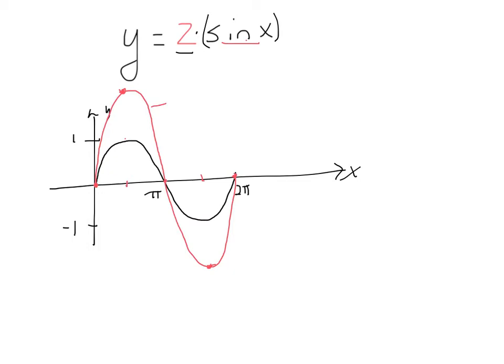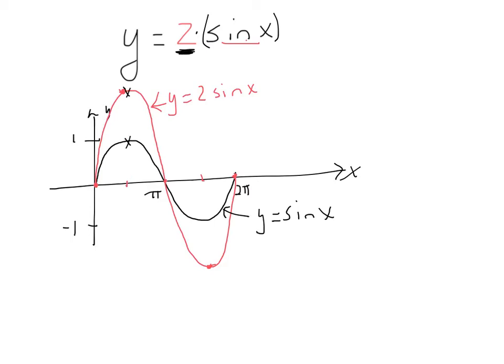So this one here is going to be y equals 2 times the sine of x, whereas the black one here would be y equals just the sine of x. So that amplitude of 2 is going to stretch that function vertically, so that instead of peaking out at 1, it'll now peak out at 2.